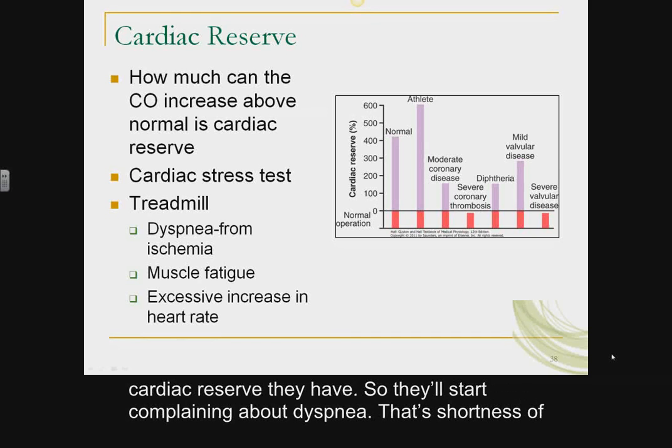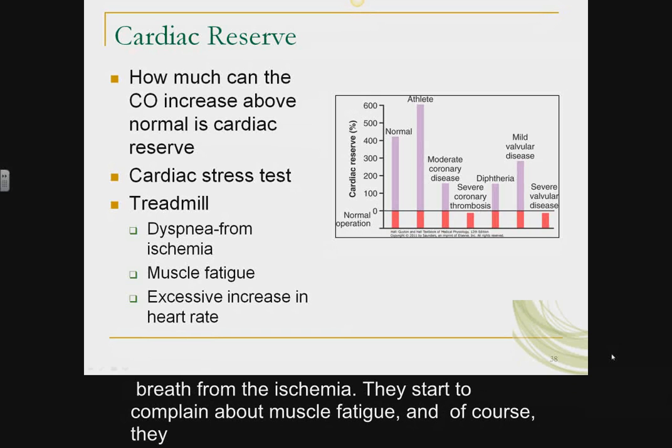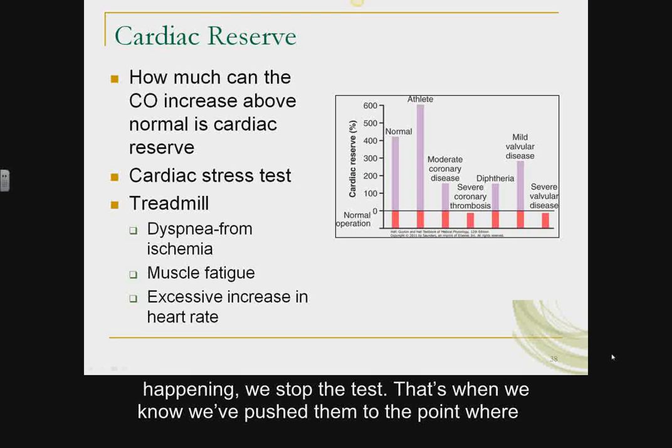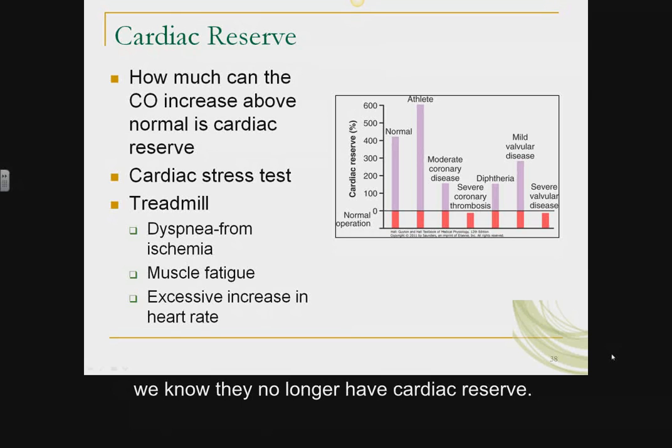It's just another way of saying how much cardiac reserve they have. When they start complaining about the dyspnea, shortness of breath from the ischemia, start to complain about muscle fatigue, and they have an excessive increase in heart rate, when we start to see all that happening, we stop the test. That's when we know we've pushed them to the point where we know they no longer have cardiac reserve.